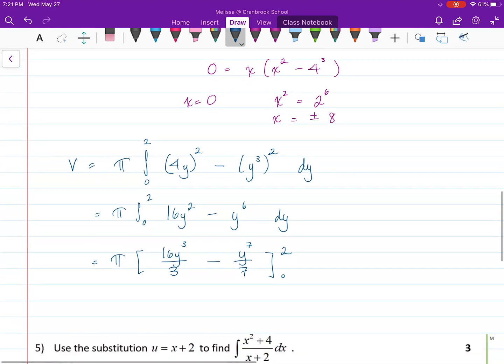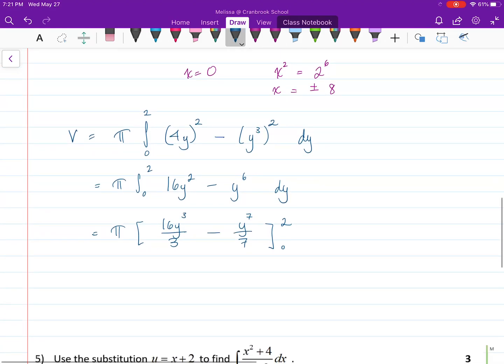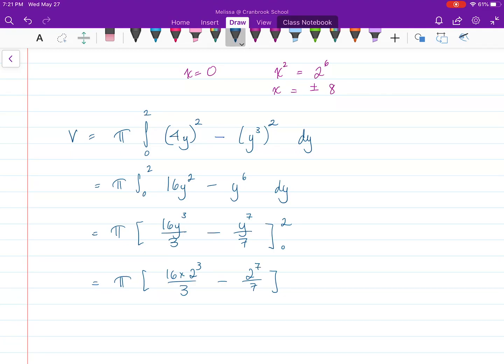And then evaluating this. So 16 times 2 cubed on 3 minus 2 to the 7th on 7, and evaluating that. And I would encourage final answers to be left in improper fractions. So 512 pi on 21. Not that it would necessarily be counted wrong if you converted that into a decimal. It's just a really ugly decimal. So therefore, I would encourage improper fractions and leave it.